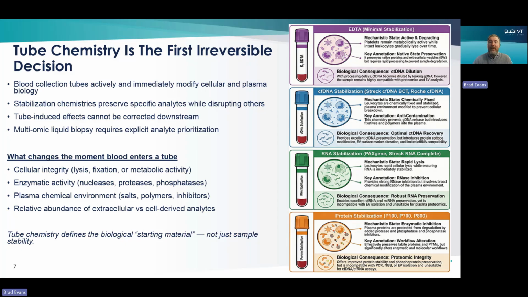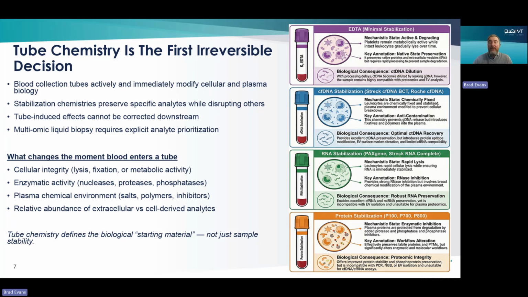On the right side of the slide, you can see examples. Standard EDTA preserves a more native state but requires rapid processing. cfDNA stabilization tubes prevent leukocyte lysis but chemically modify the plasma environment. RNA tubes lyse cells and stabilize intracellular RNA, fundamentally changing the plasma compartment.